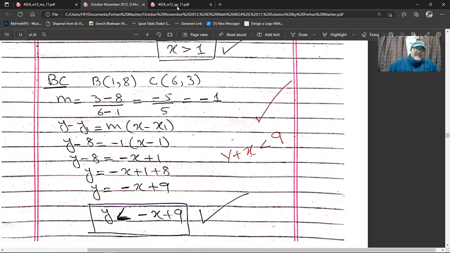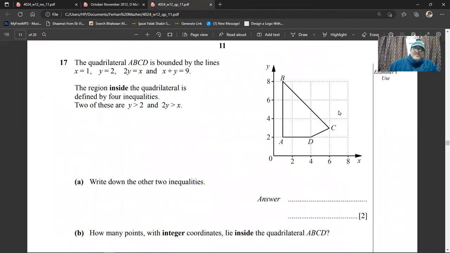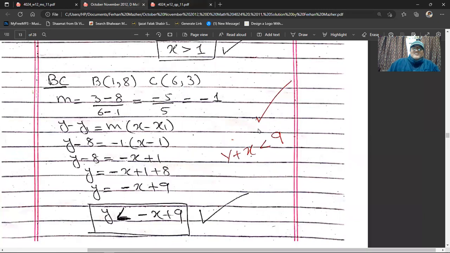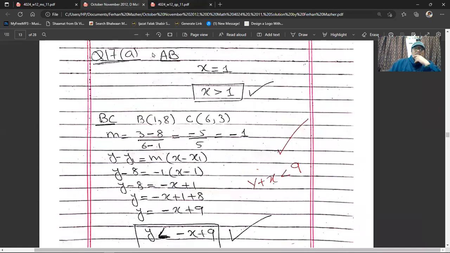Because the required area is below this BC line, wherever there is the equal sign in the equation, I will put a crocodile sign, and its mouth should be towards the y because the area is below this line. This is the answer: y plus x is less than 9. So this is how you will do it, and let me show you the whole thing.